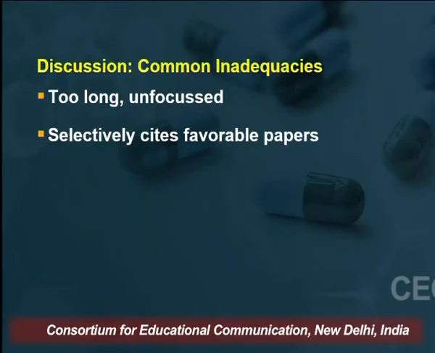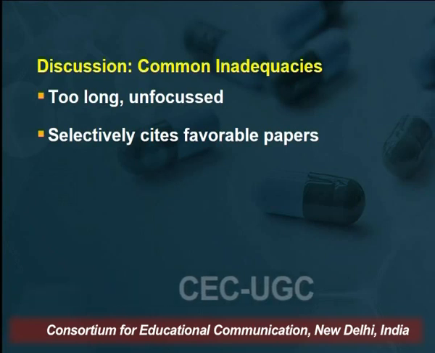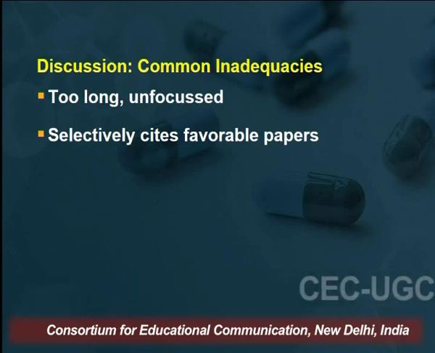So, reiterate your key conclusion here. Now, common inadequacies in the discussion section, which we have seen over the years. Sometimes it becomes too long with no focus on a particular point. Sometimes authors selectively cite favorable papers.